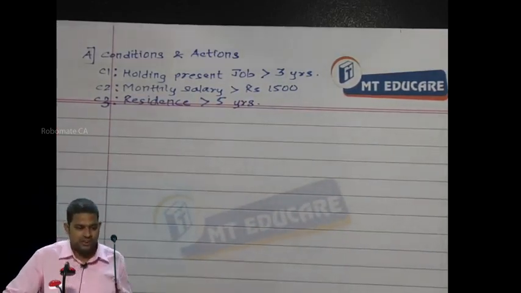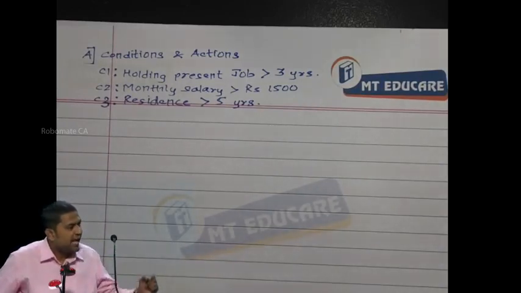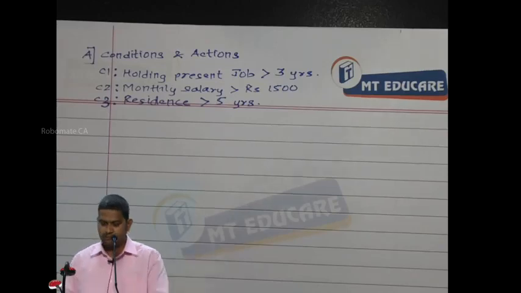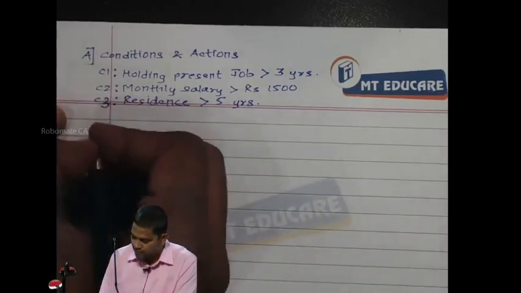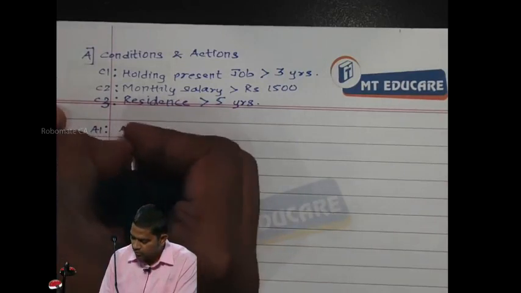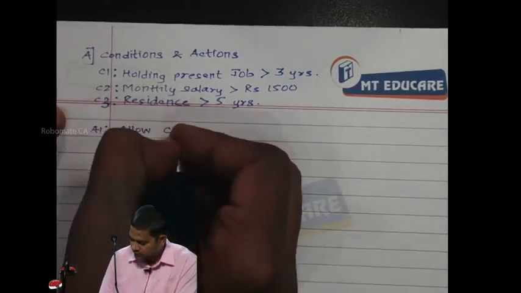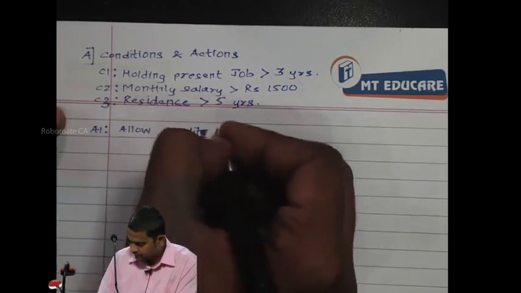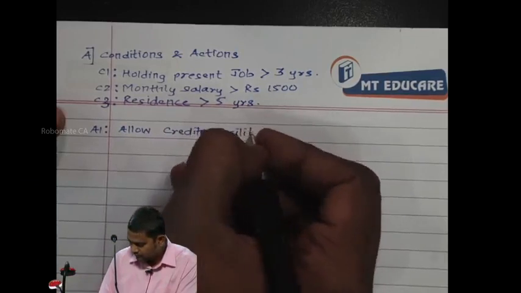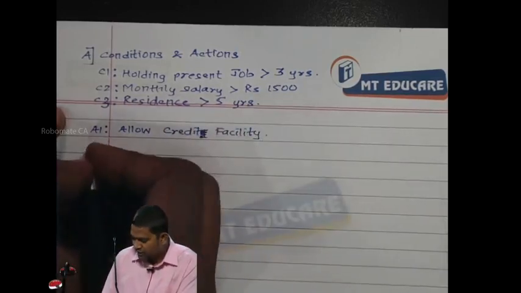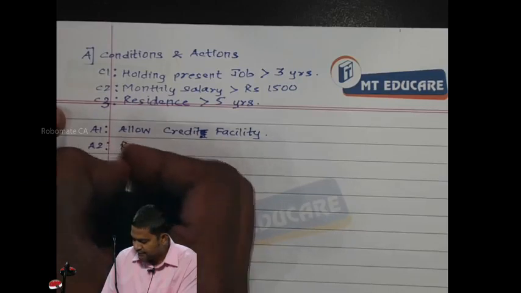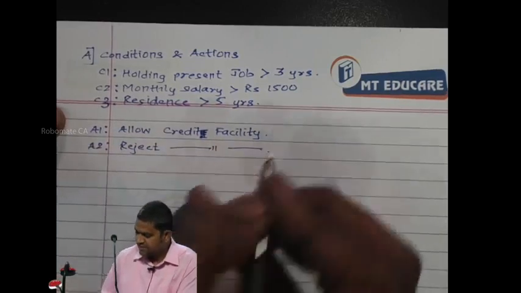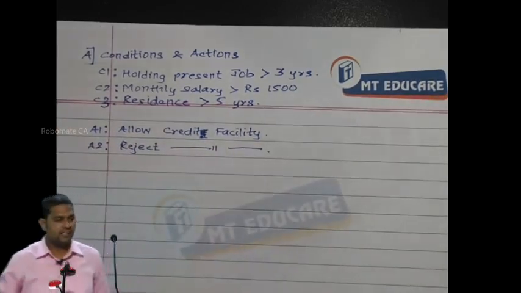Now, what are the possible actions? What can a shopkeeper do? He can allow credit or not allow credit. That comes in A1, allow credit facility, or the other action he can perform, A2, reject the credit facility. Okay, this is done.